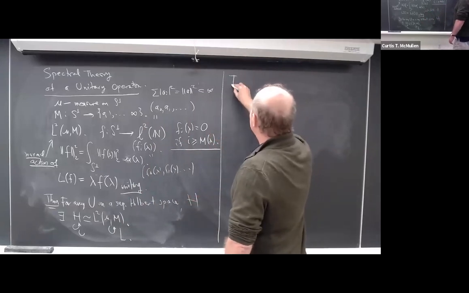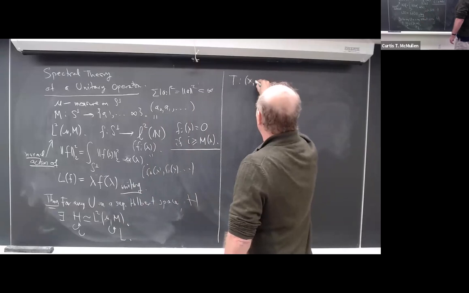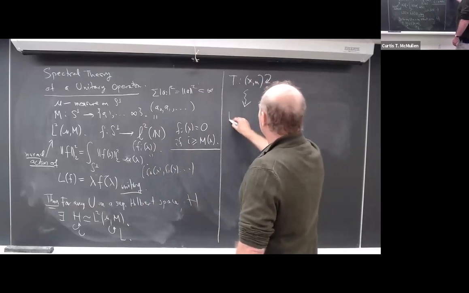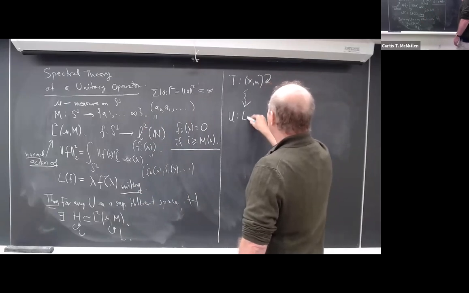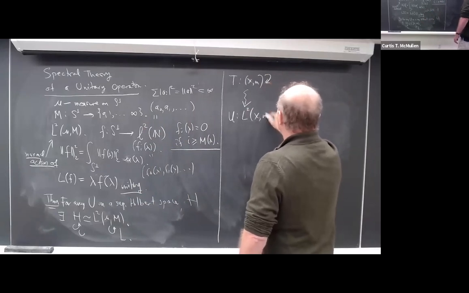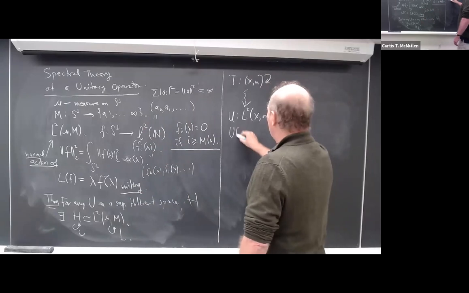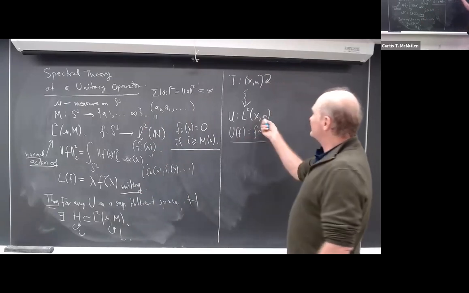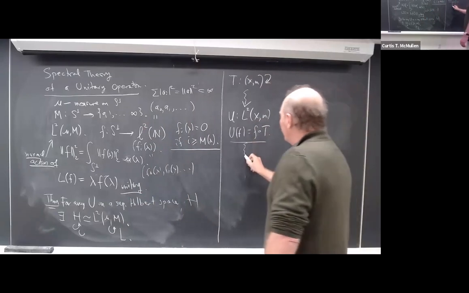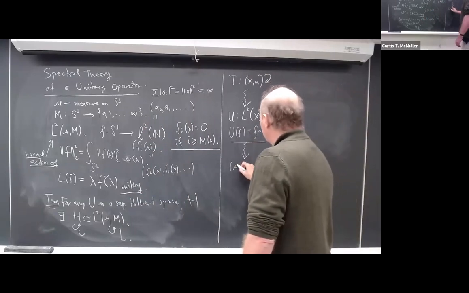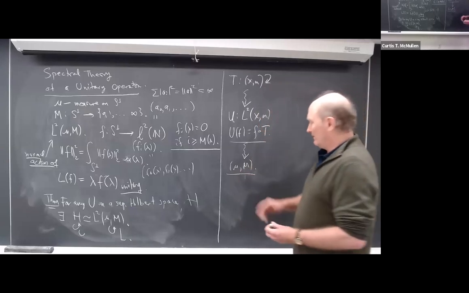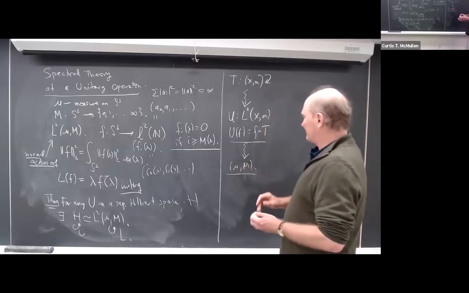So we go from T, an automorphism of X, up to U, which is a map on L2 of X, given of course by U of F is F composed with T. This is unitary because T is measure preserving. And then we go from this to the spectral invariants of U, which are a measure on the circle and a multiplicity function.